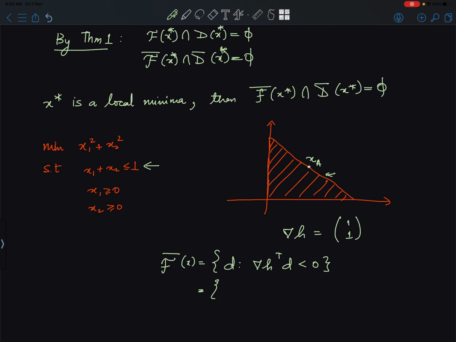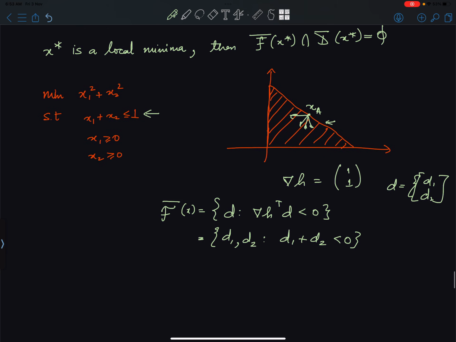So basically let's suppose my d has d1 and d2 as elements. So for all d1 comma d2, such that d1 plus d2 is less than 0 will give me a set of feasible directions. So in this particular case, these directions will give me feasible directions basically.